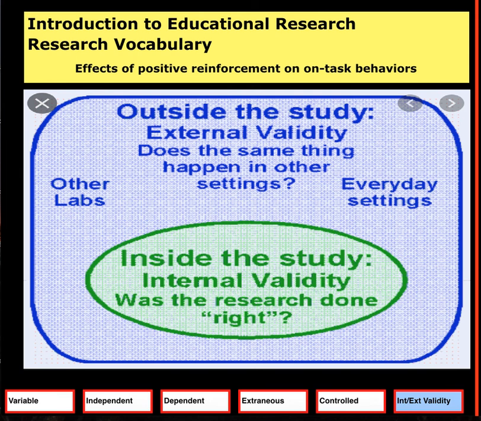Now, external validity refers to the extent to which the findings of a study can be generalized to other subjects, other settings, and other treatments. As an example, any single study is necessarily performed on a particular group of subjects, so a sample, with selected measuring instruments and under conditions that are in some respects unique to that particular study.